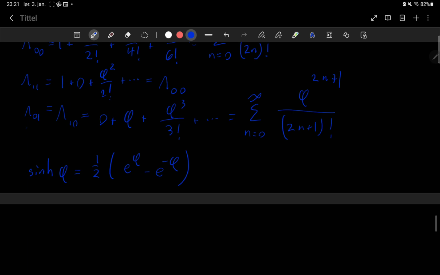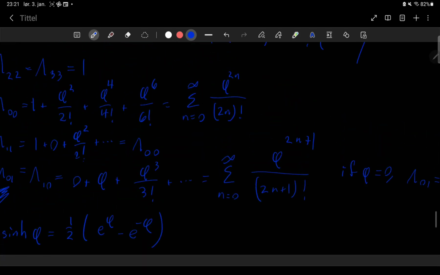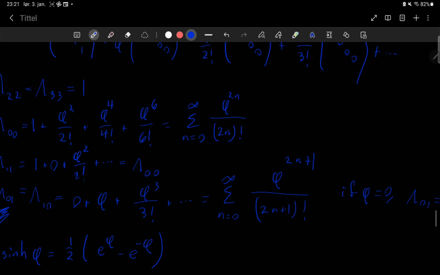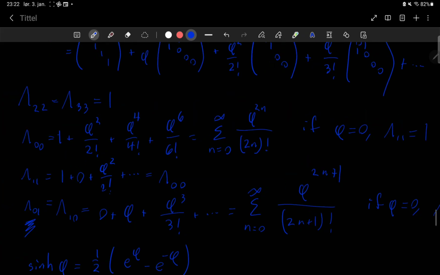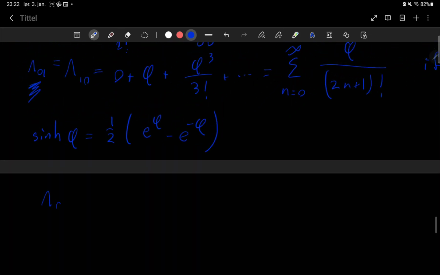I expect it to show up here because you notice if phi is 0, these are 0, and these are 1 because of the 1 right here. So I'm kind of guessing that this is going to be cosh and this is going to be sinh, but we'll see.